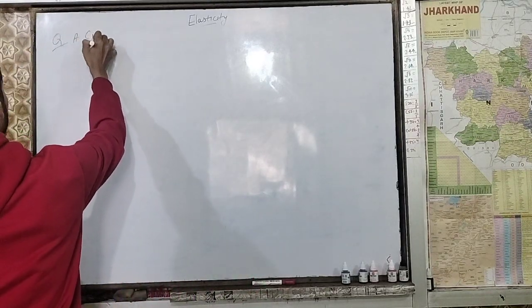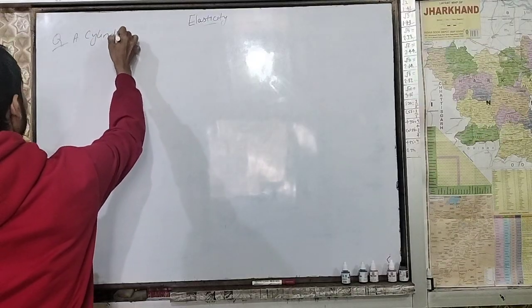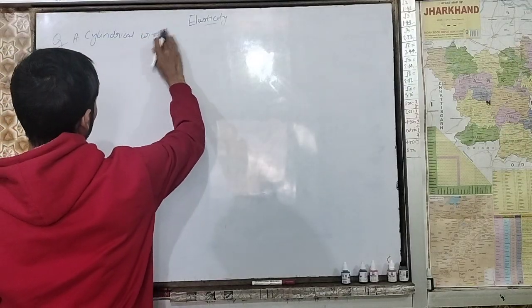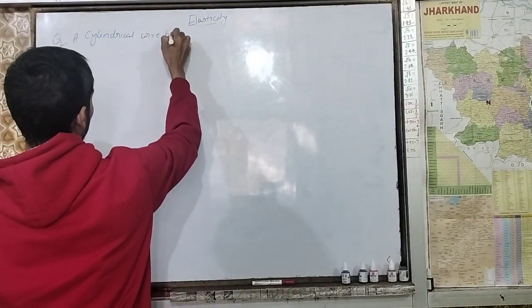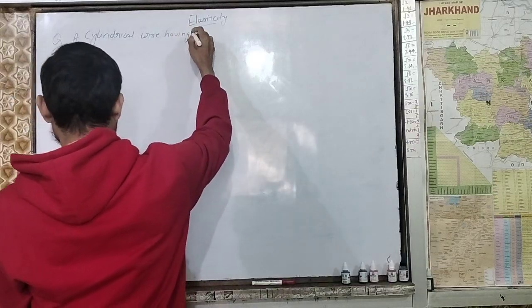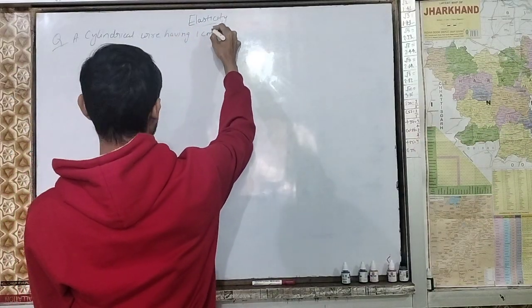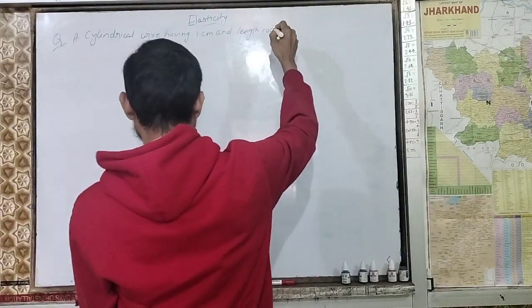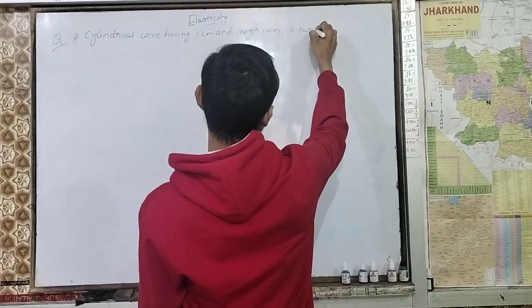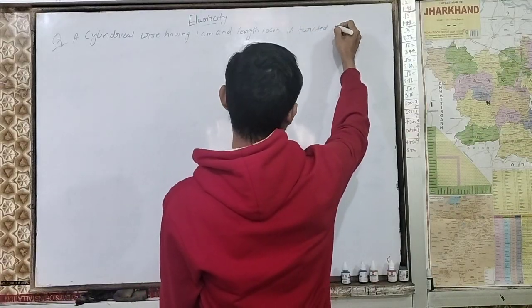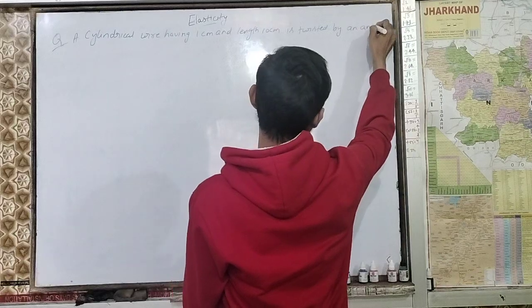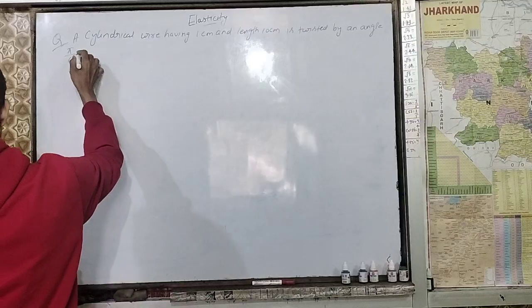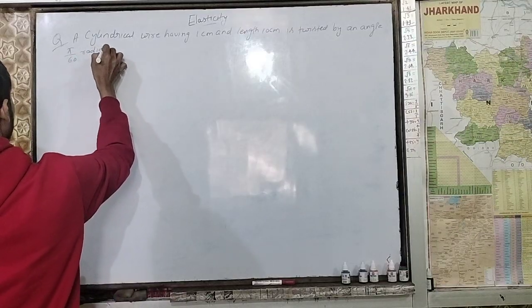A cylindrical wire having radius 1 centimeter and length 10 centimeter is twisted by an angle pi by 60 radian.